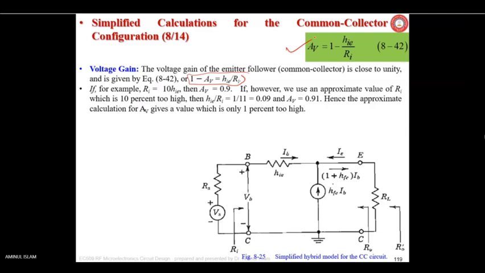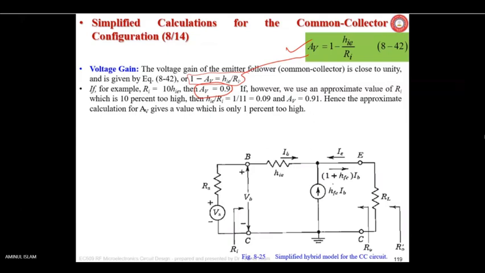The same thing has been written here as 1 minus AV equals HIE by Ri. If, for example, Ri equals 10 HIE, then AV will be equal to 0.9. Isn't it? Is the statement correct or not?